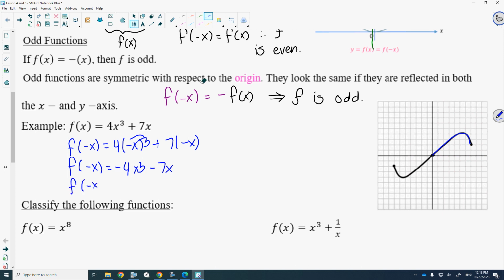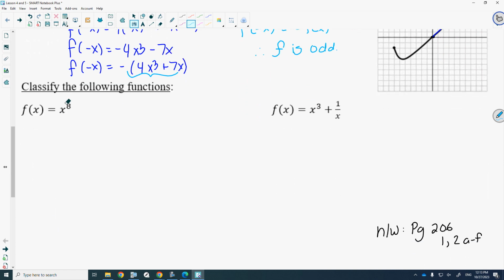F of negative x is equal to negative 4x cubed plus 7x. This 4x cubed plus 7x was my original function with a negative in front of it. So I can state that f of negative x is equal to negative f of x. Therefore, my function is odd. Odd is symmetric about the origin.